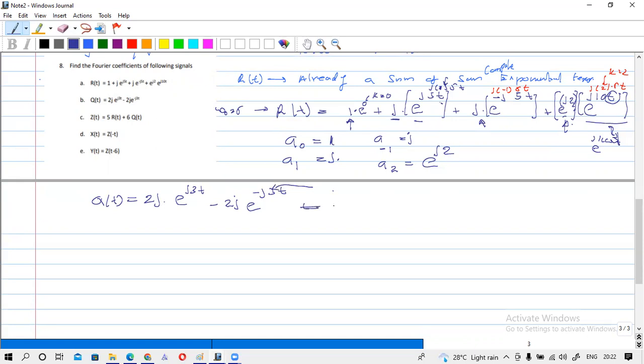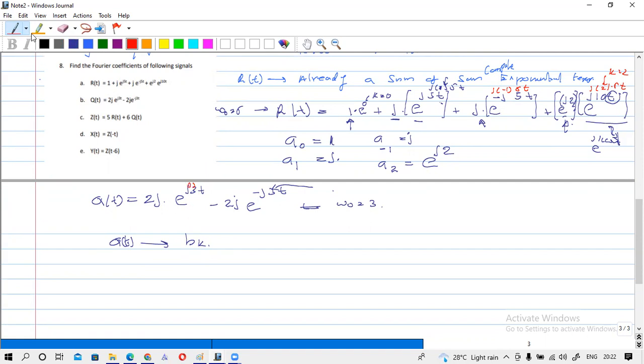For this signal, omega naught also will be 3. Let's say that the Fourier coefficients of this q of t are b k. So omega naught is 3, and k is equal to 1 here.